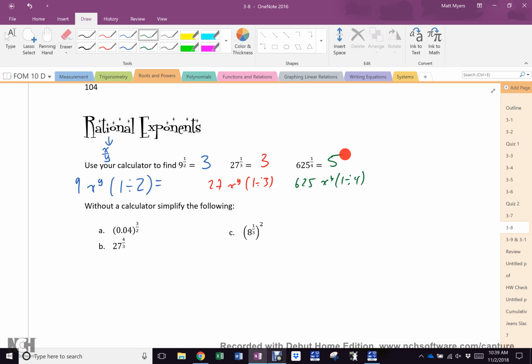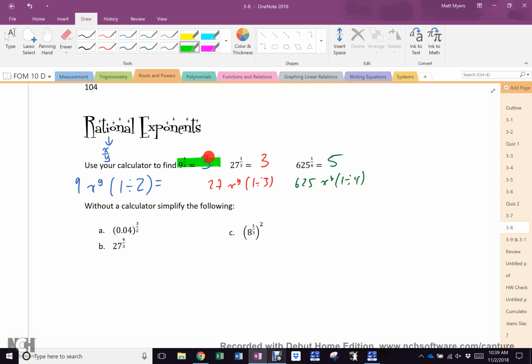everybody look carefully. You can see that there is a relationship here between 9, 1/2, and 3. Is there anything else that we have done that relates 9 to 3? Square root, right?